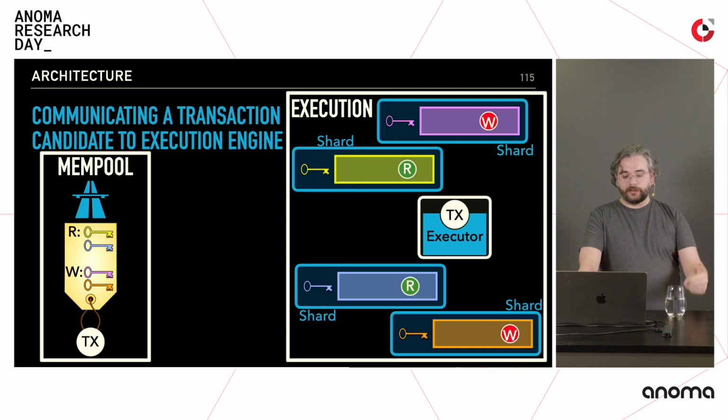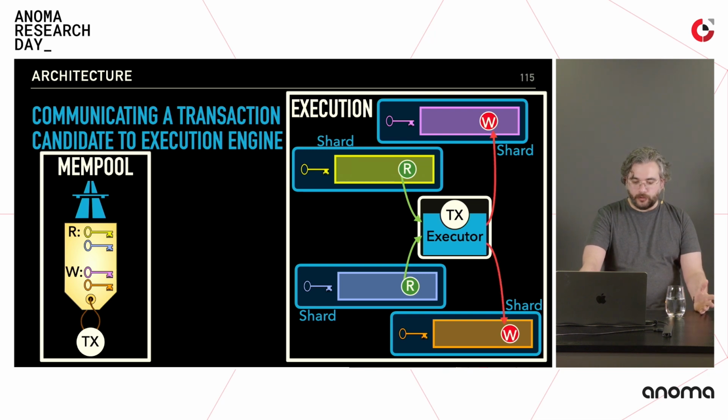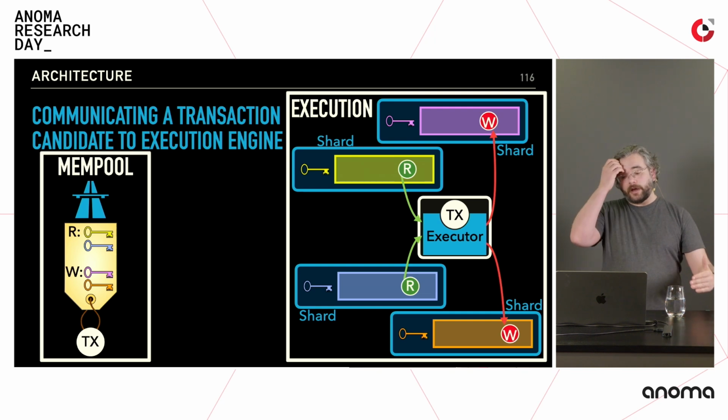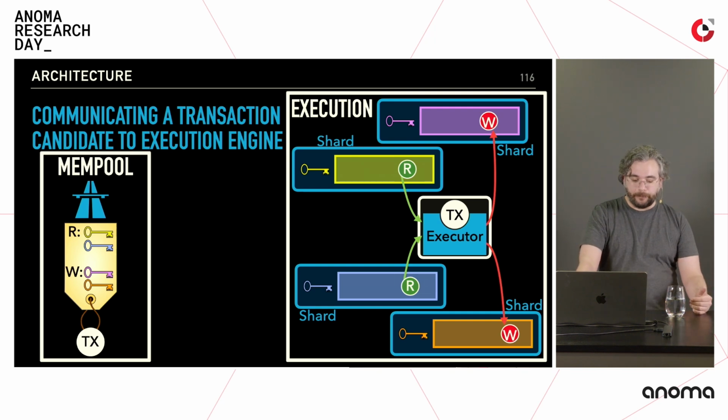We also need to establish channels of communication from the read shards to the executor process, as well as from the executor process to the write shards. What this means is that when the read shards have computed the values that this transaction candidate will read, they communicate those to the executor, who then computes the values to write and communicates them to the write shards, who store them.